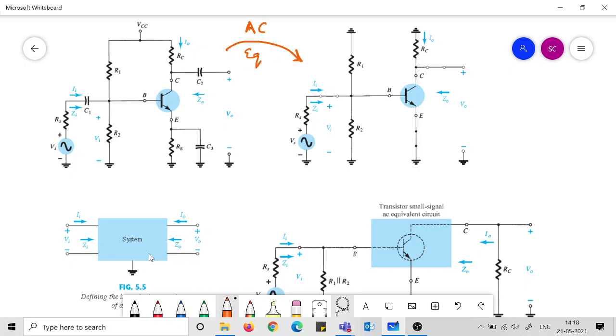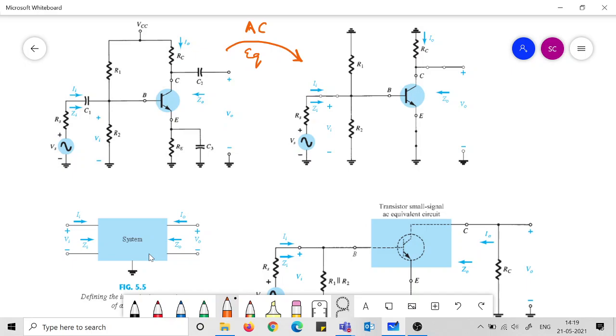in this configuration, whatever may be the configuration, however complex, it will always have some input current coming to it. When we connect a source, obviously there would be some input current flowing into the system, and at that input port some voltage would be established, Vi.